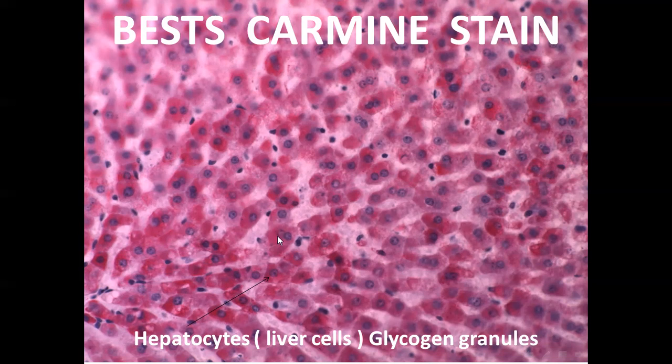It consists of two nuclei, binucleated. Number one, number two. We know all types of cells in the body consist of one nucleus, but the liver cell consists of two nuclei. Observe these two nuclei. All cells in the body have only one nucleus except the liver cell.